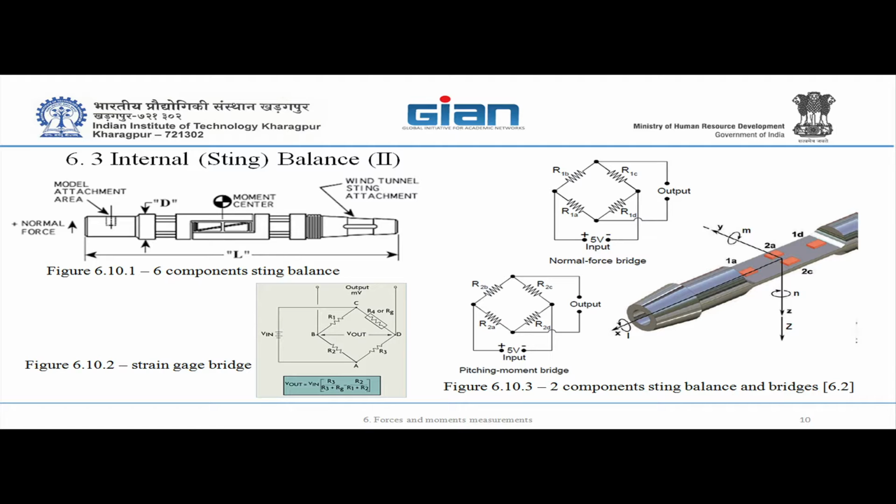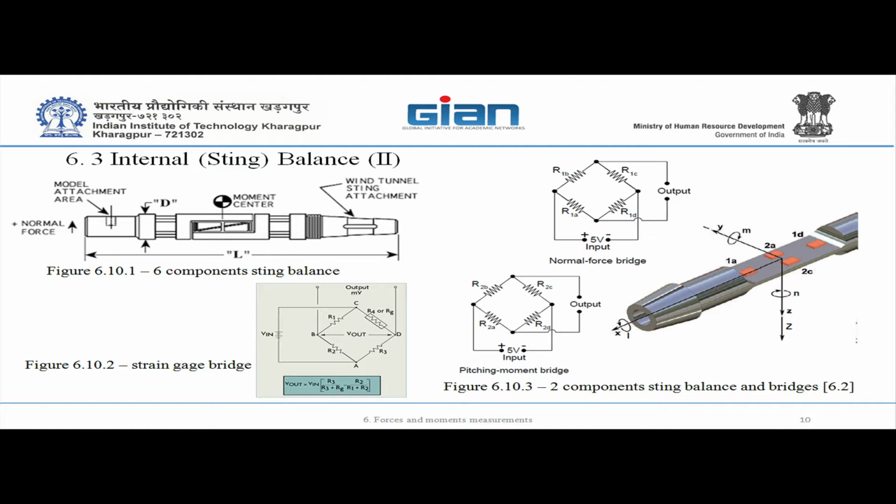On those sections where the structure is weakened, and you know the stiffness of those sections, you glue strain gauges, which are deformed according to the deflections of those flexures.